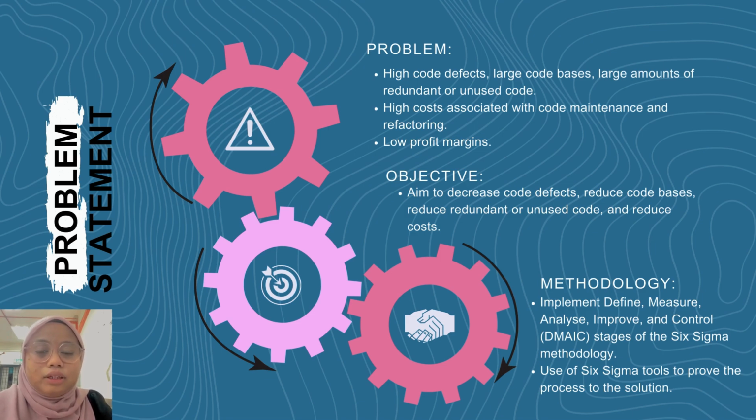So our objective is to solve this problem using the MAIC, which is define, measure, analyze, improve, and control. And we will use some of the tools in Six Sigma as a methodology to solve every problem that we have right now.